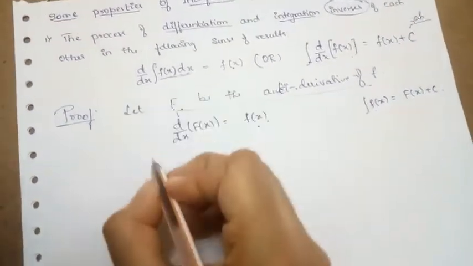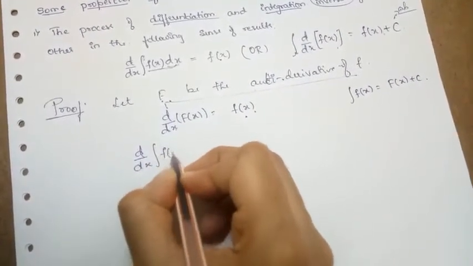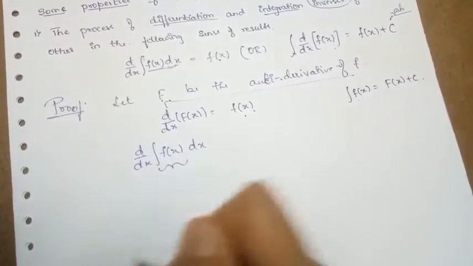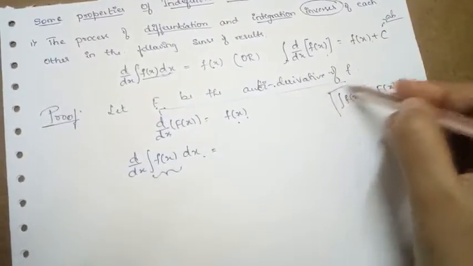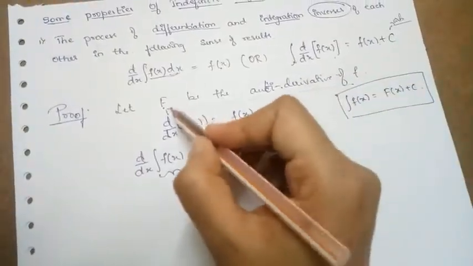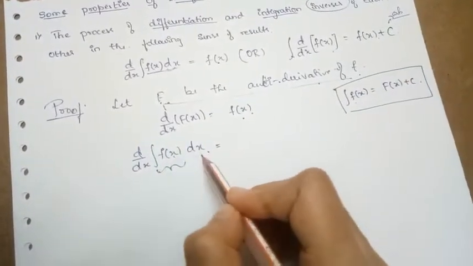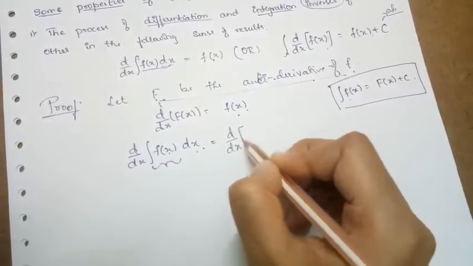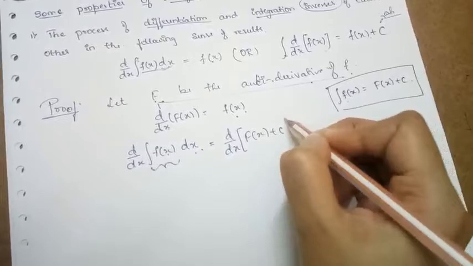Now I'll consider differentiating and integrating f of x. First, integrating f of x with respect to the variable x. Since I considered F as an antiderivative of f, the integration of f of x dx gives the differentiation of F of x plus c.